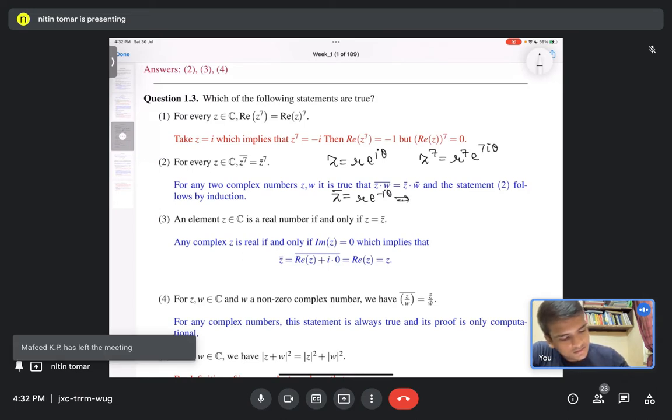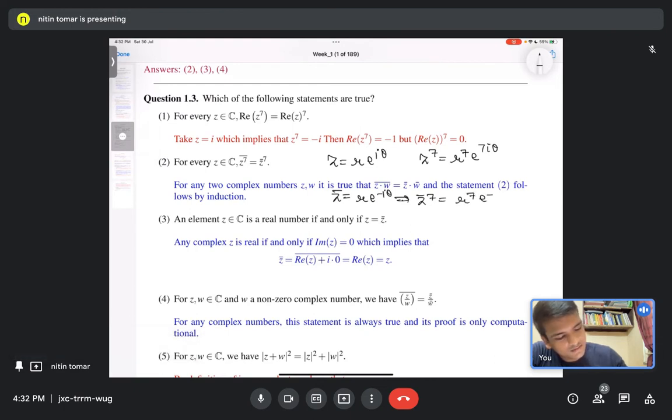So (z bar)^7 is r^7 e^(-7 iota theta). And if you take the bar of z^7, it will be r^7 e^(-7 iota theta), because the conjugate of e^(iota theta) is e^(-iota theta), and these two are the same. So this is true.